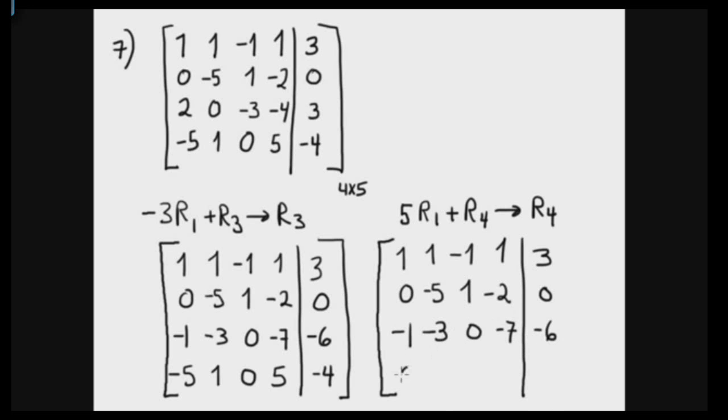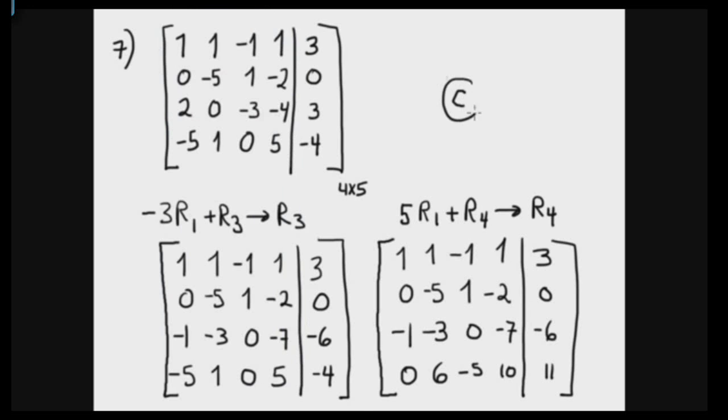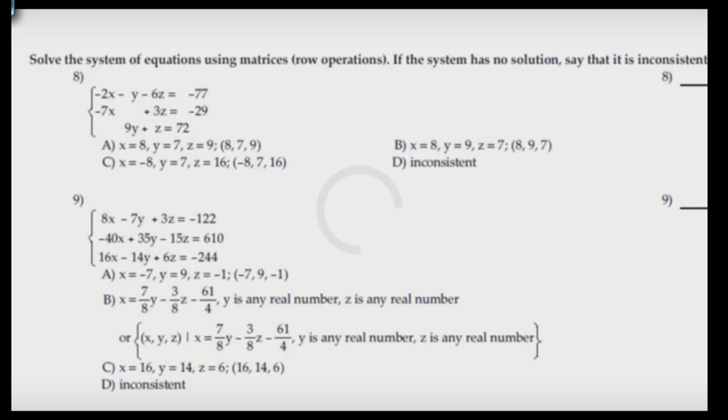Now 0, 6 positive, negative 5, 10, and 11 is the option C. Okay, good, very good. C. Okay, perfect. Let's go to question number 8.